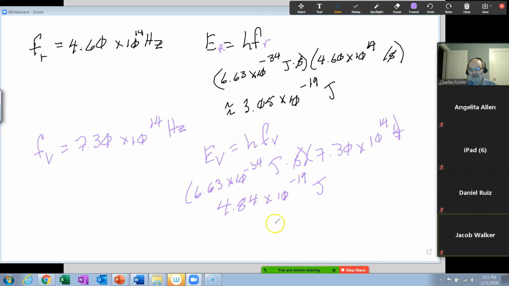Above this is ultraviolet, higher energy, which does more damage to tissue, like skin tissue, giving you skin cancers, and eye tissue, causing, oh goodness, what do you call them? I've had two of them, cataracts. It damages the lens. Any questions on that? And 4.84 times 10 to the minus 19 joules.